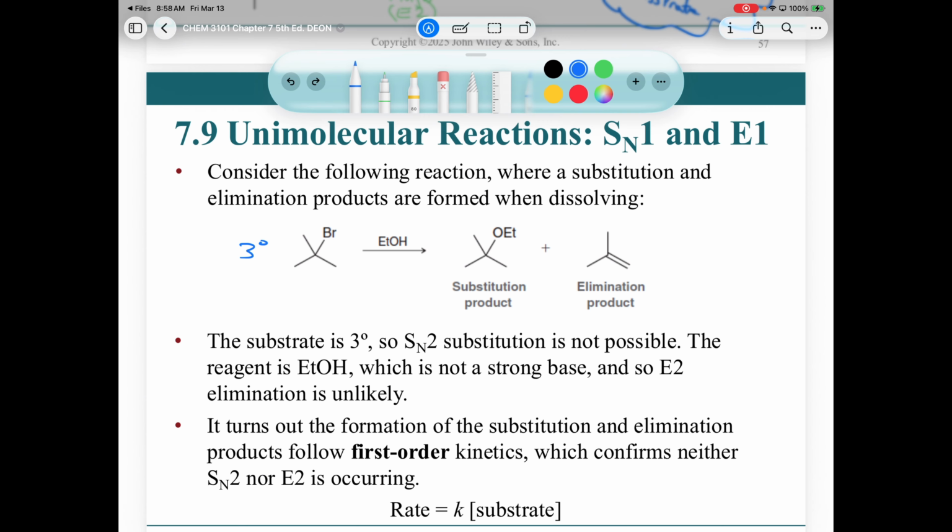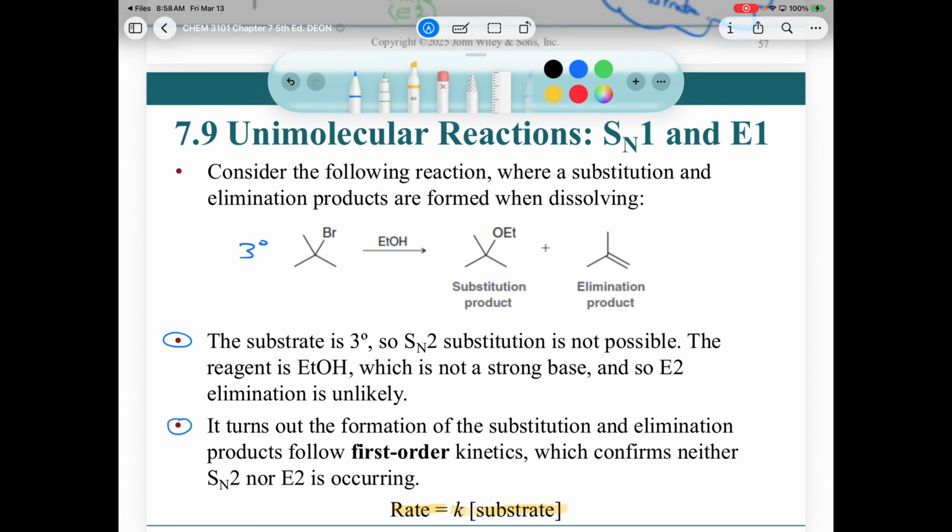Anyhow, we've gone over this. The first bullet point here, I covered with you already. But the second bullet point says the formation of the substitution and elimination products follows first order kinetics, which confirms neither SN2 nor E2 is occurring. The rate law for a first order reaction is going to look like this: rate is equal to the rate constant multiplied by the concentration of the substrate only.